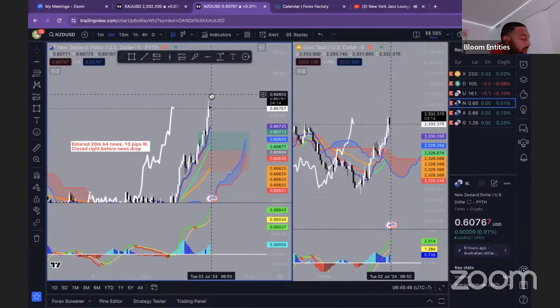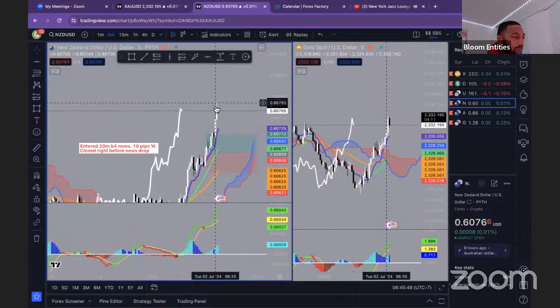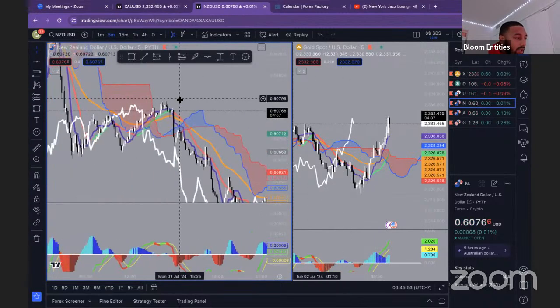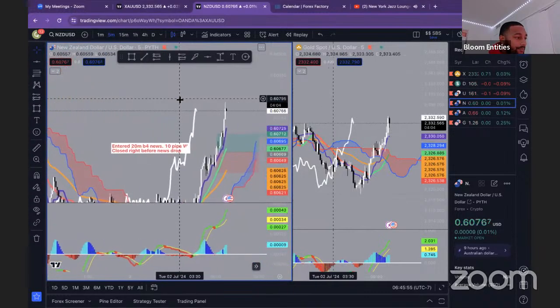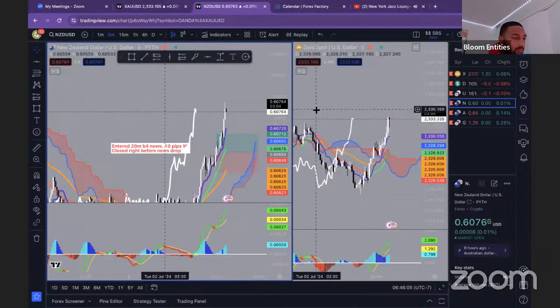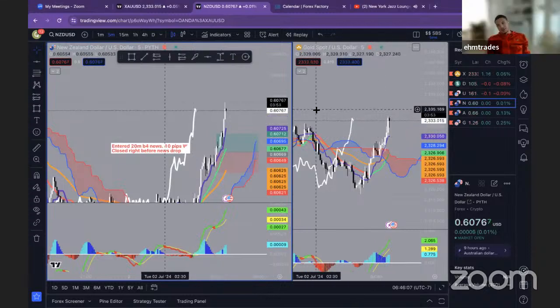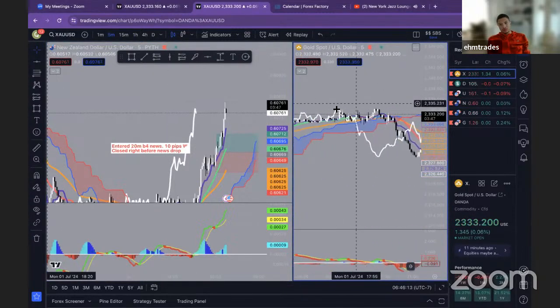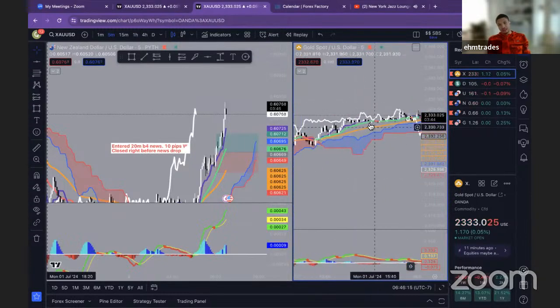Boom. My area of inefficient price was completely filled on NZDUSD. Good to see that area get filled up. My dollar chart just got to a strong decision making zone. I want to see how it reacts to this level.